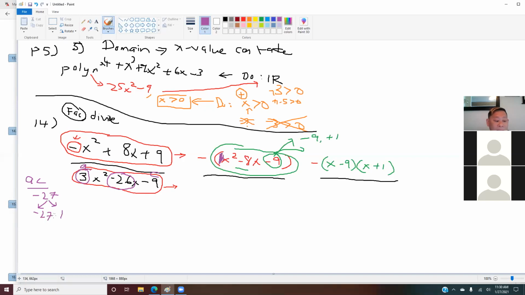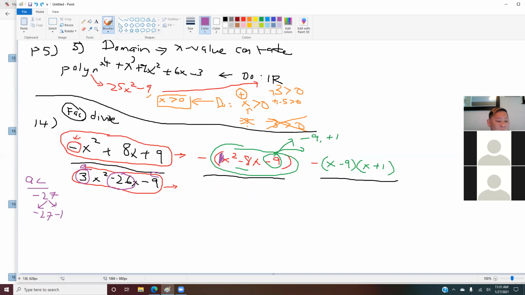Okay. So like last time, but this time you cannot just say, oh, this will be x minus 27 and x plus 1. Because last time, remember, we got negative 9 and 1 and we just did this. This is wrong. Because of this, the AC method is tough.